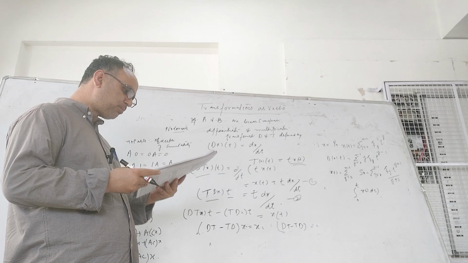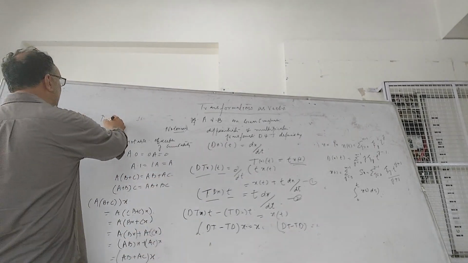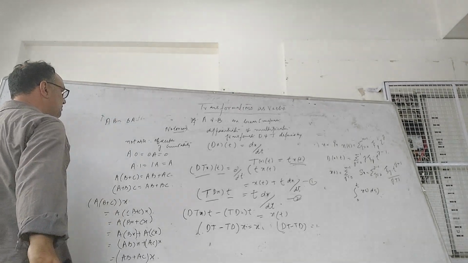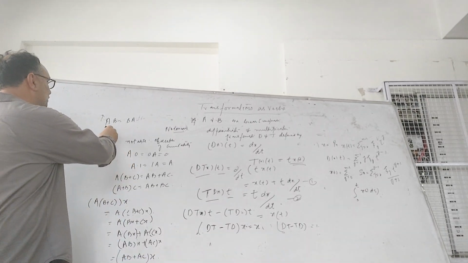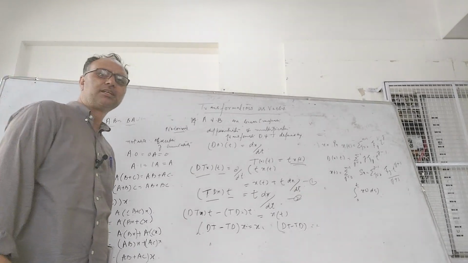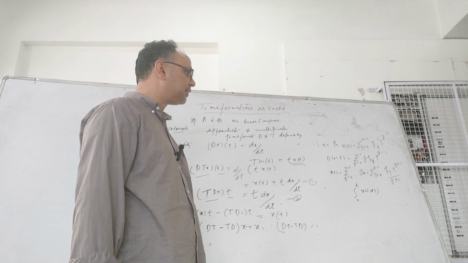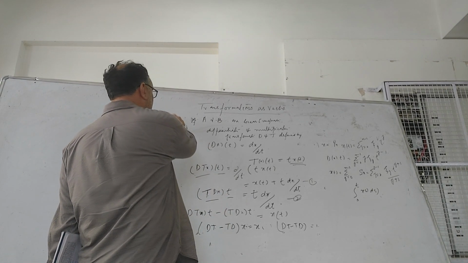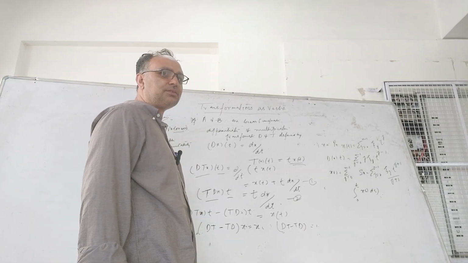For the case of polynomials, for example for the case of binomials, AB is equal to BA. But for linear transformations, the commutativity may not always be there. AB minus BA will not always be 0, but sometimes it can be 0.